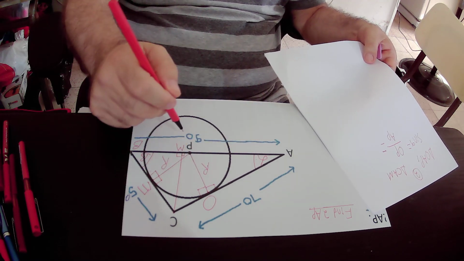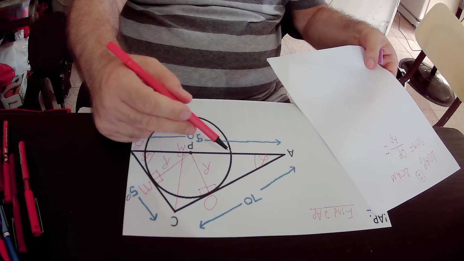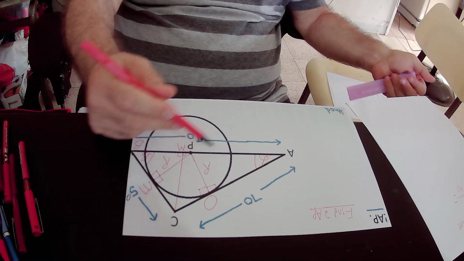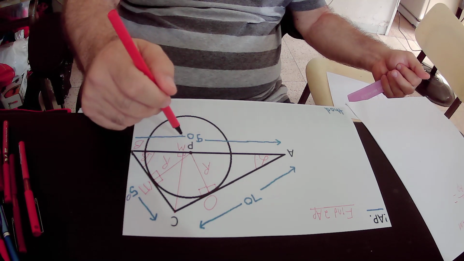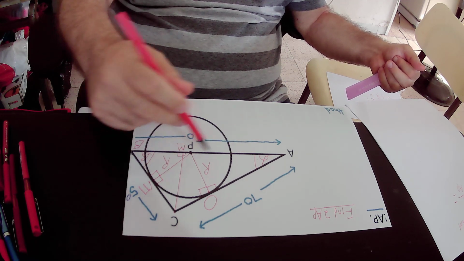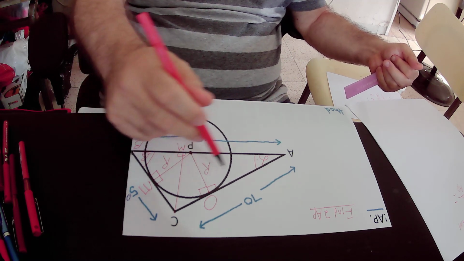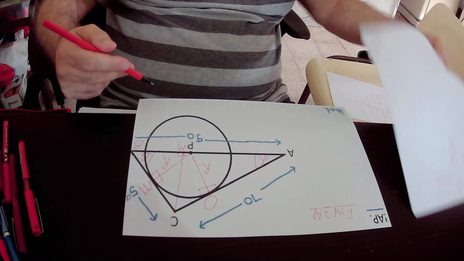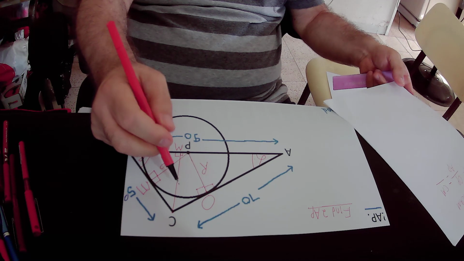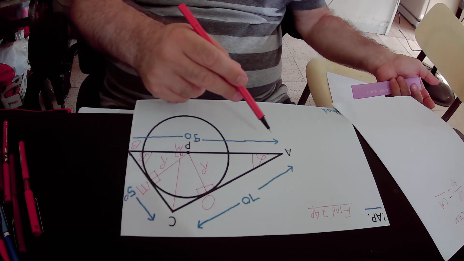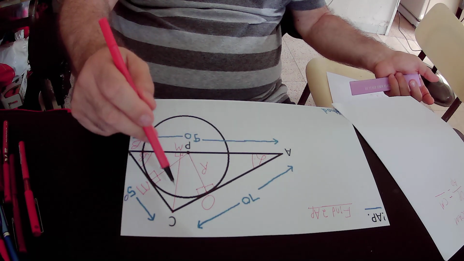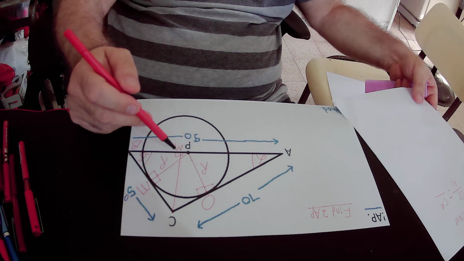In triangle CAM, sinus alpha will be equal to the side that is in front of angle alpha, which is CM, over the hypotenuse of triangle CAM, and the hypotenuse is AC.